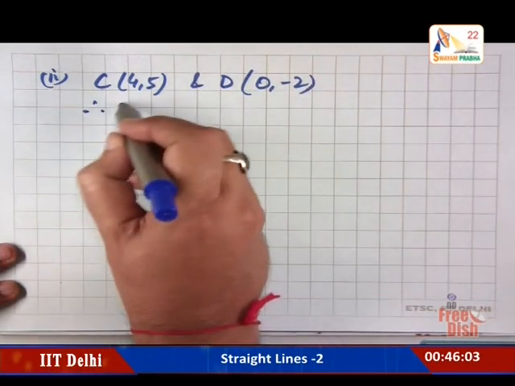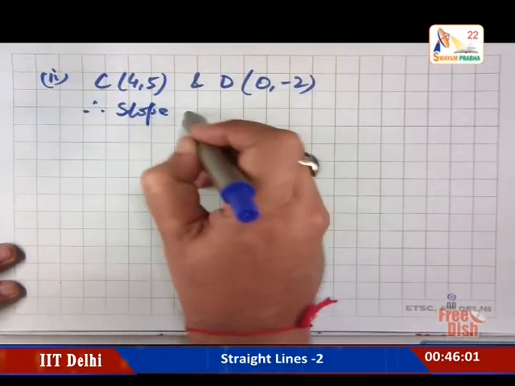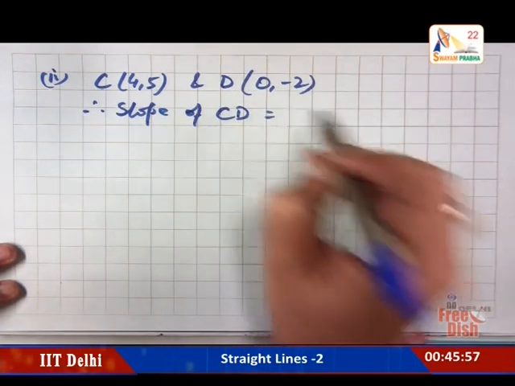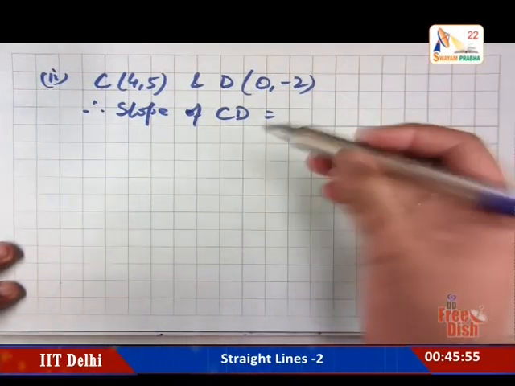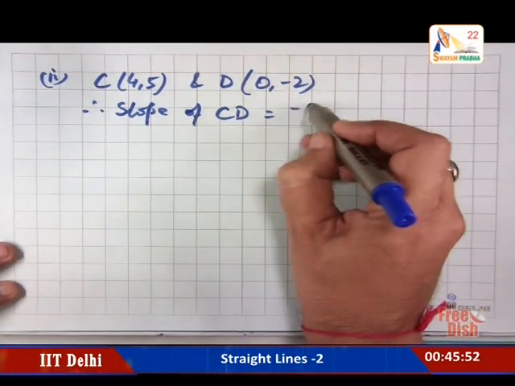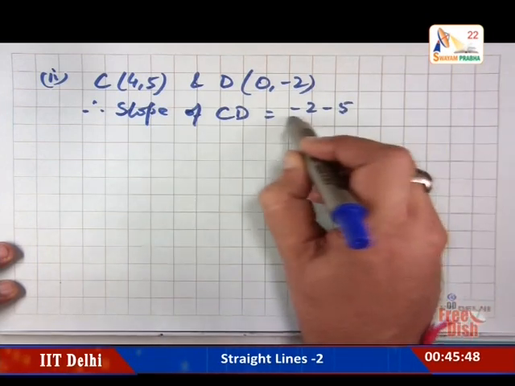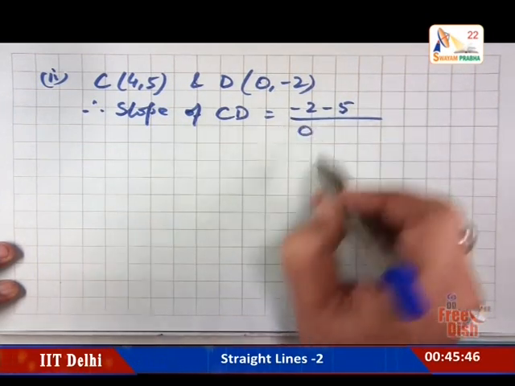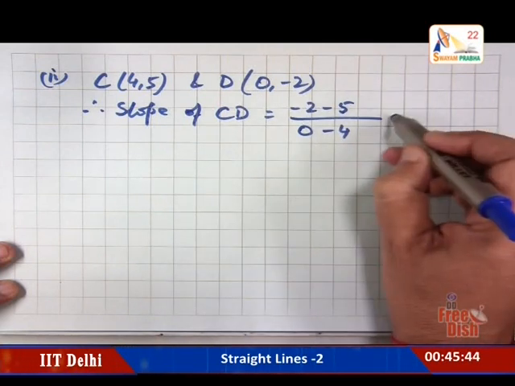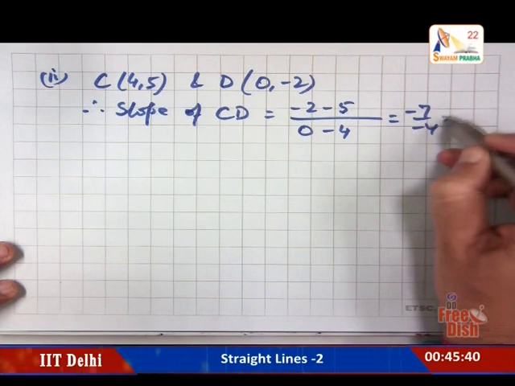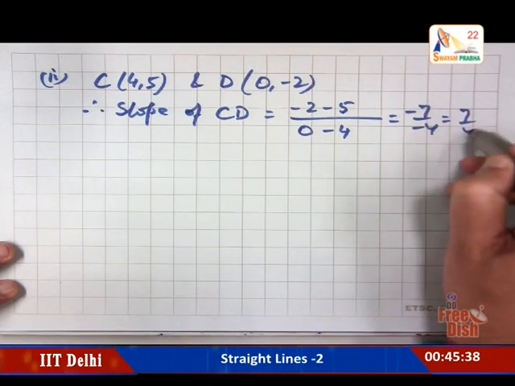So slope of CD is equal to again y2 minus y1 means minus 2 minus 5 by 0 minus 4. So minus 7 by minus 4, it means 7 by 4.